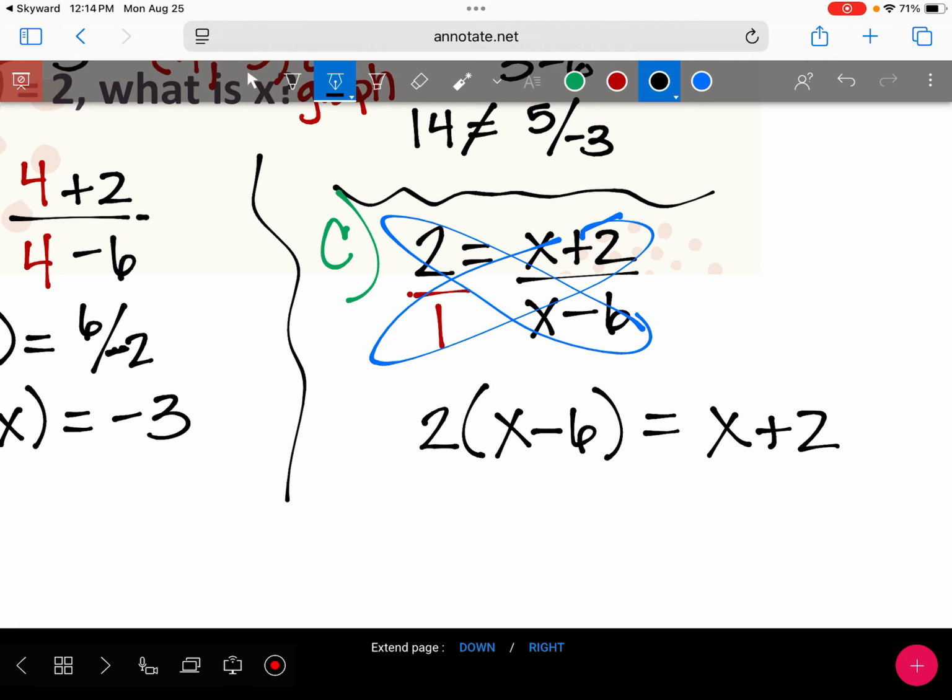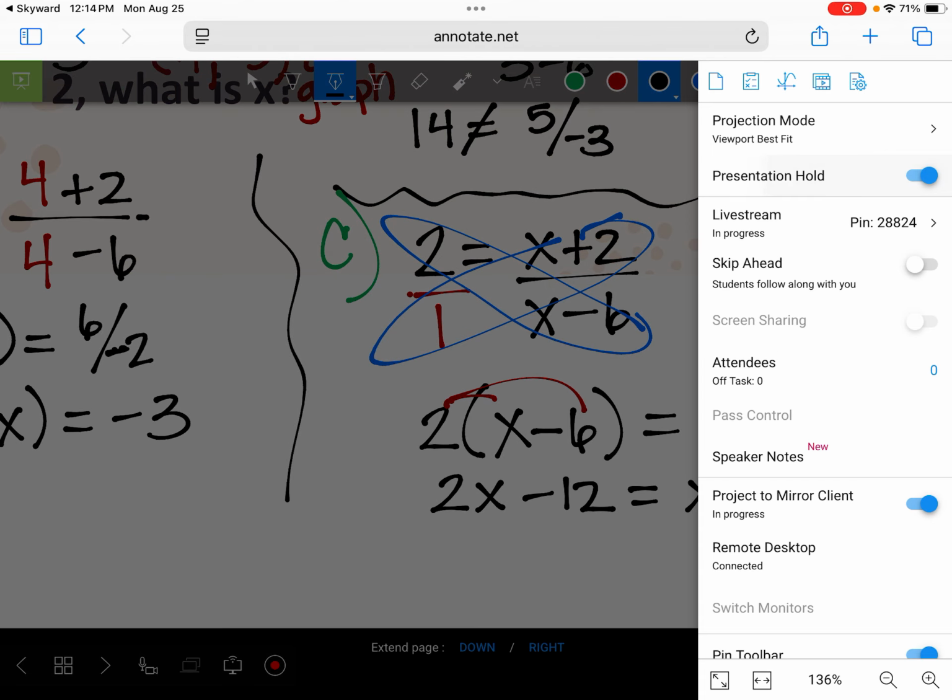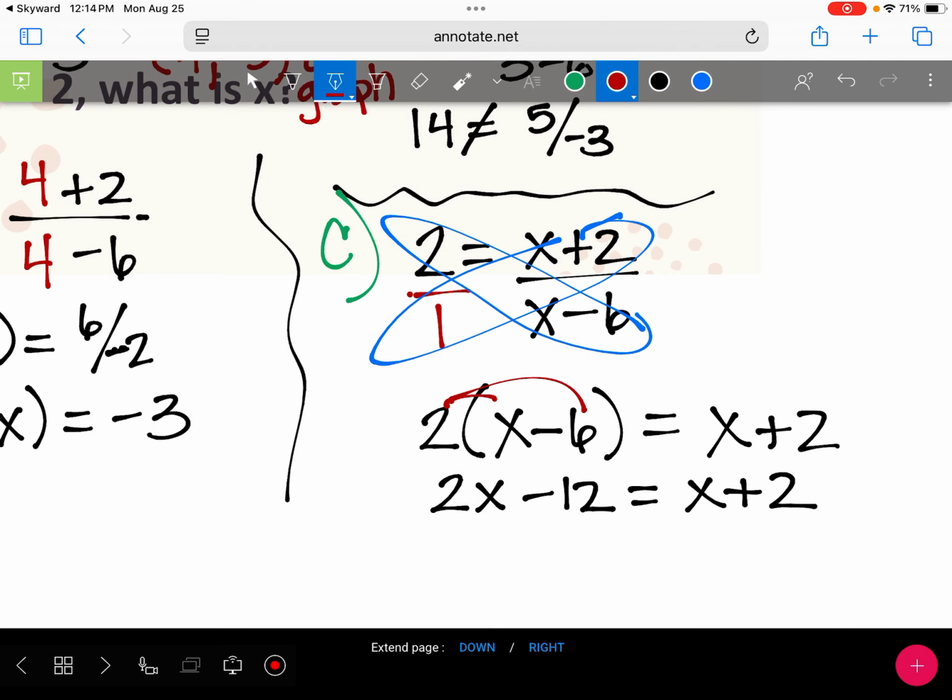Go ahead and distribute the 2. And then I'm going to let you all finish it. I'm going to freeze my screen. You all solve it. This is just a basic equation, Algebra 1.